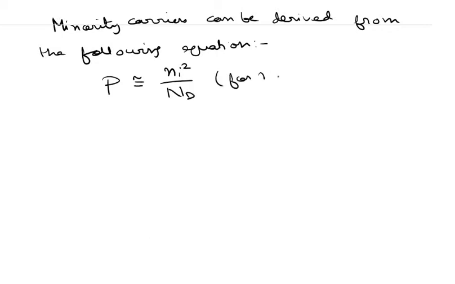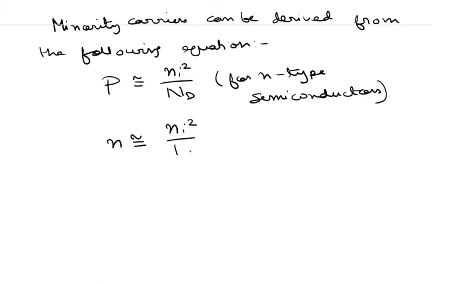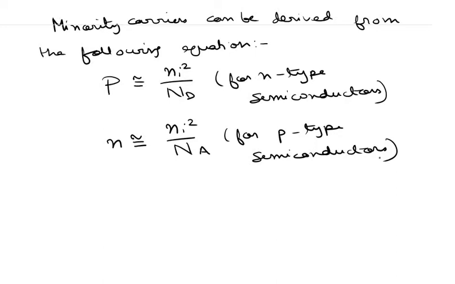This is for n-type semiconductors. And for p-type semiconductor, electrons are the minority carriers, and this electron concentration is given by Ni square divided by Na. This is for p-type semiconductors. Okay, so I hope it is clear to you what minority carriers are.